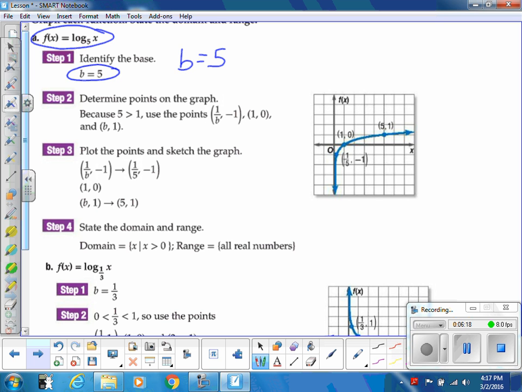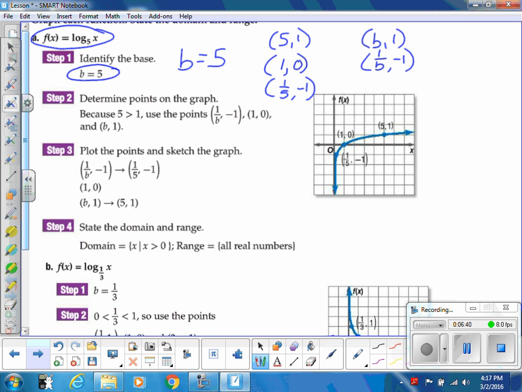So, now I want those 3 points. My intersection point is 1, 0. And then remember, I wanted b, 1 and 1 over b, negative 1. So, since b is 5, I have the coordinate 5, 1, and the coordinate 1/5, negative 1.